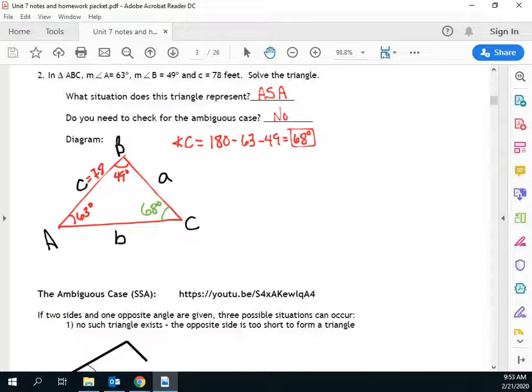So we can go through and say the sine of, let's find A first. So the sine of 68 over 78 is equal to, well, angle A is what? Over the side of A, we don't know. Cross multiply.